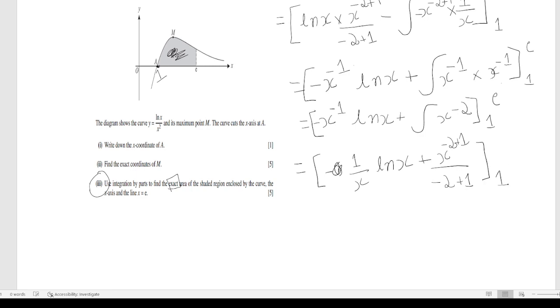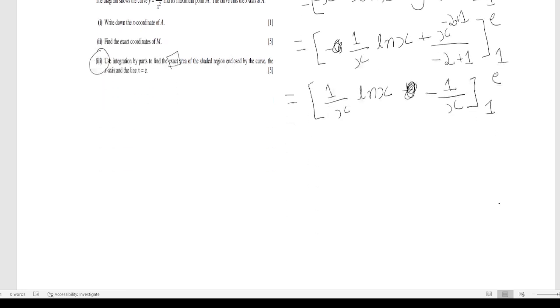The lower limit is 1 and the upper limit is e. So now here it is. Before we apply the limits, we're going to get minus 1 over x ln x plus, sorry, minus 2 plus 1 is negative, and I can write it as minus 1 over x.